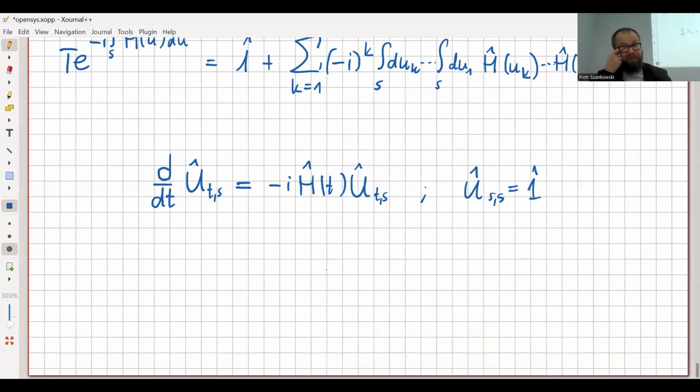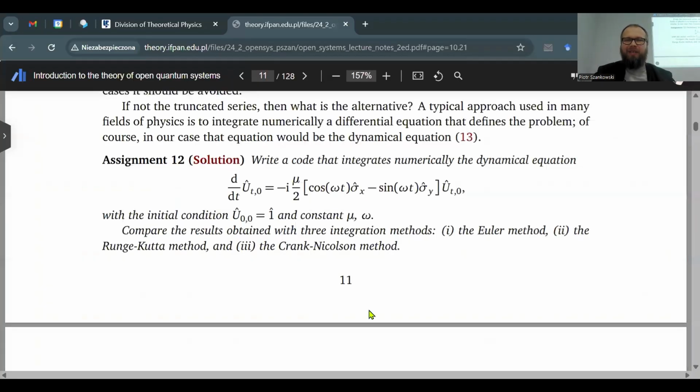All right. And this leads us to an assignment. I would like to ask you to write a code to actually numerically integrate a dynamical equation.